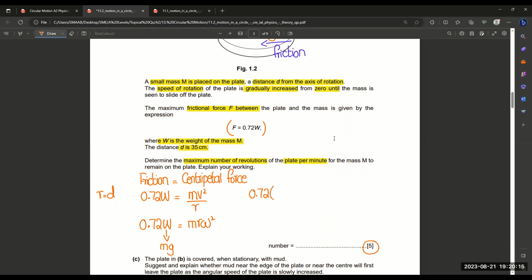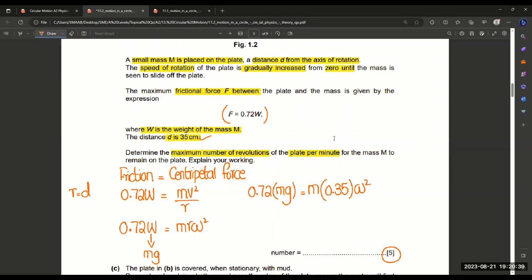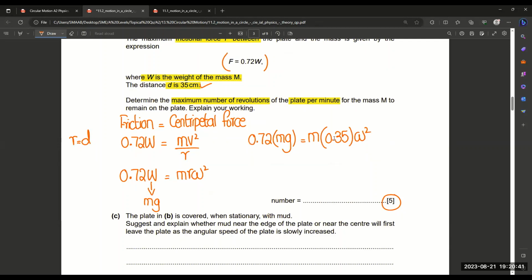So it will be mg equals m, and the value of d is given in the question, 35 centimeter, or when we convert into meters, that will be 0.35 omega square, right? And now you can see m and m on both sides will cancel out each other. So finally what you get, 0.72.